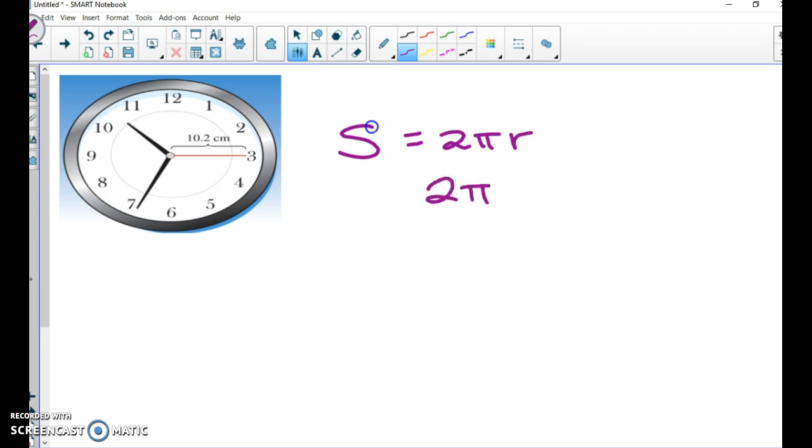2 pi times our radius of 10.2 centimeters gives us about 20.4 pi centimeters. Well, that's the circumference we know in a complete revolution, 2 pi times radius. The time required for the second hand to travel, t equals 1 minute.